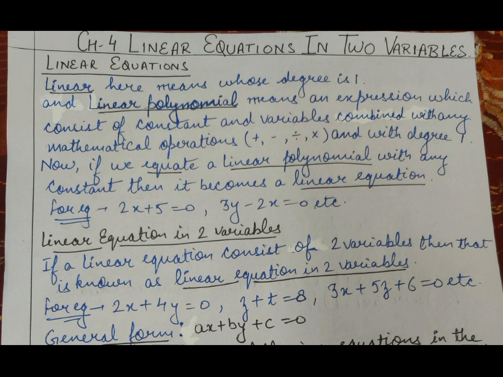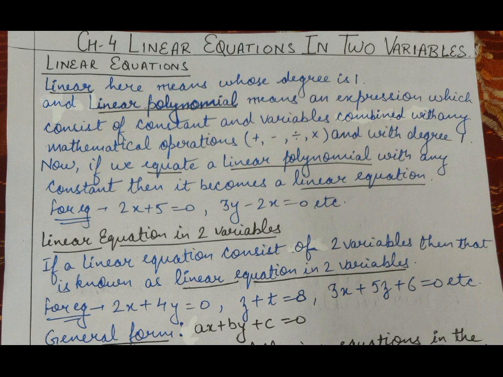Then come to the topic, that is linear equation in two variables. This is the name of our chapter also. So now you can see here that if a linear equation consists of two variables, then that is known as a linear equation in two variables.